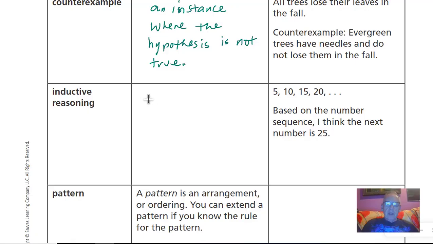Inductive reasoning is reasoning based on looking at patterns.